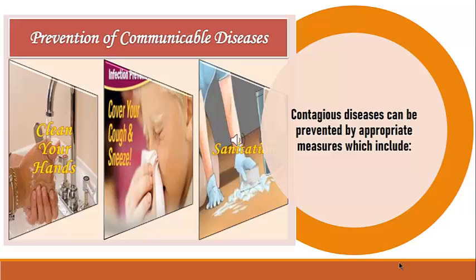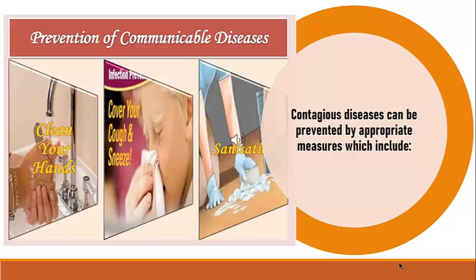Now the question arises: how can we save ourselves from these contagious diseases? These diseases are sometimes very dangerous because they can spread easily from person to person. So we can save ourselves by appropriate measures, which I think everybody knows.